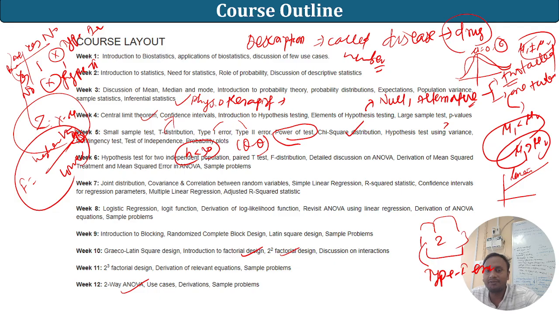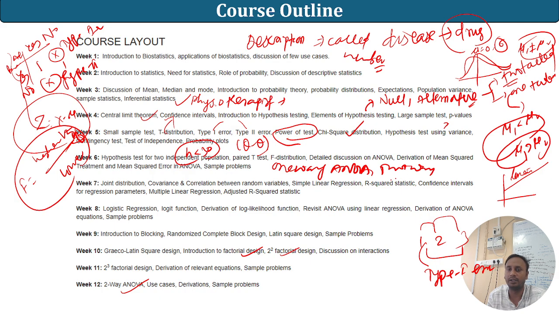To counter that, we came across the ANOVA. In that, we discuss more the mean squared error. We are going to calculate the mean square error. In that, first we have one-way ANOVA, then two-way ANOVA will be there.